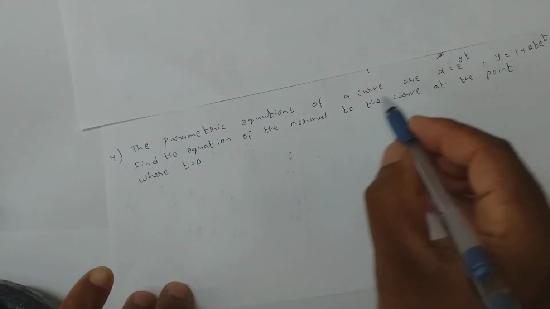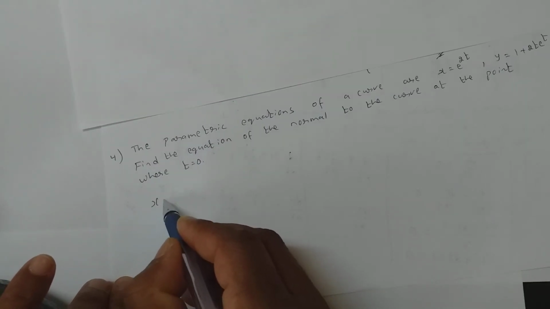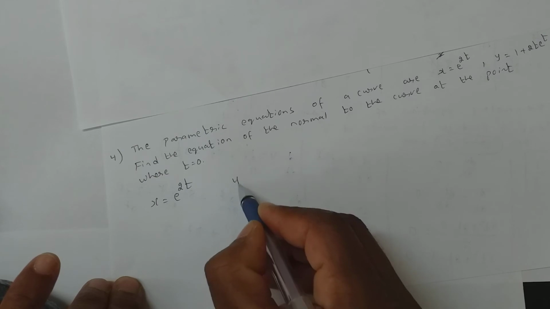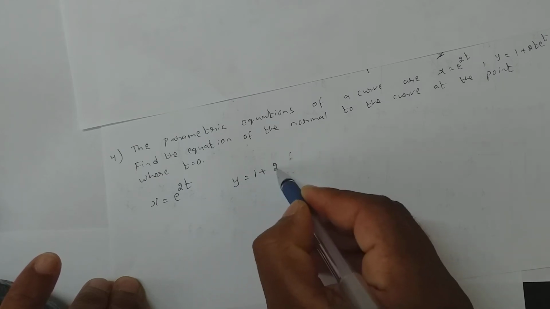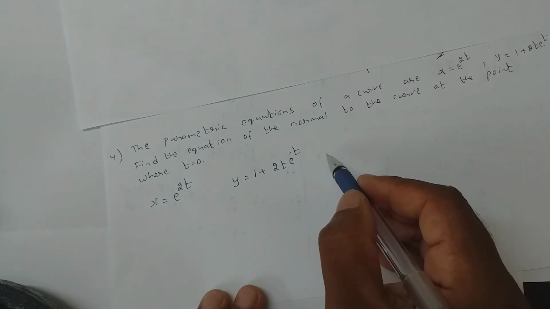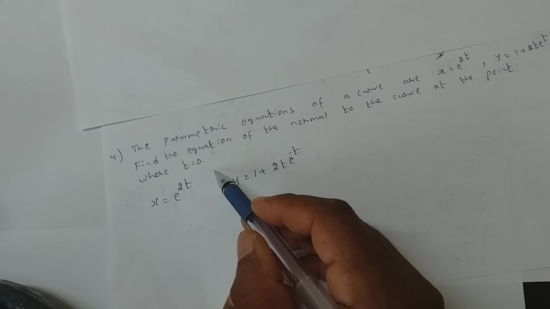Let us see the next sum. The parametric equations of a curve are x equal to e power 2t and y equal to 1 plus 2t e power minus t. Find the equation of the normal to the curve at the point where t equal to 0.